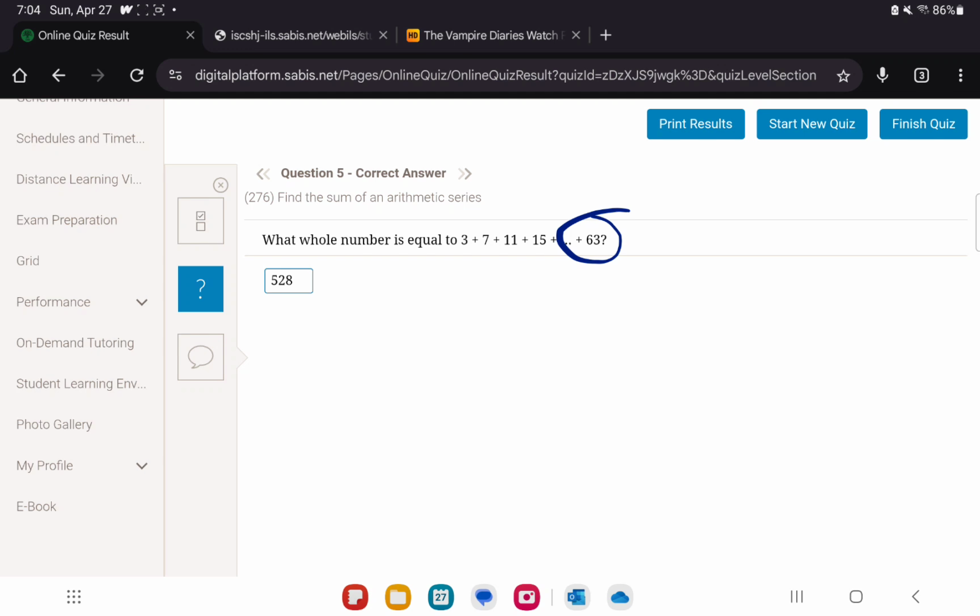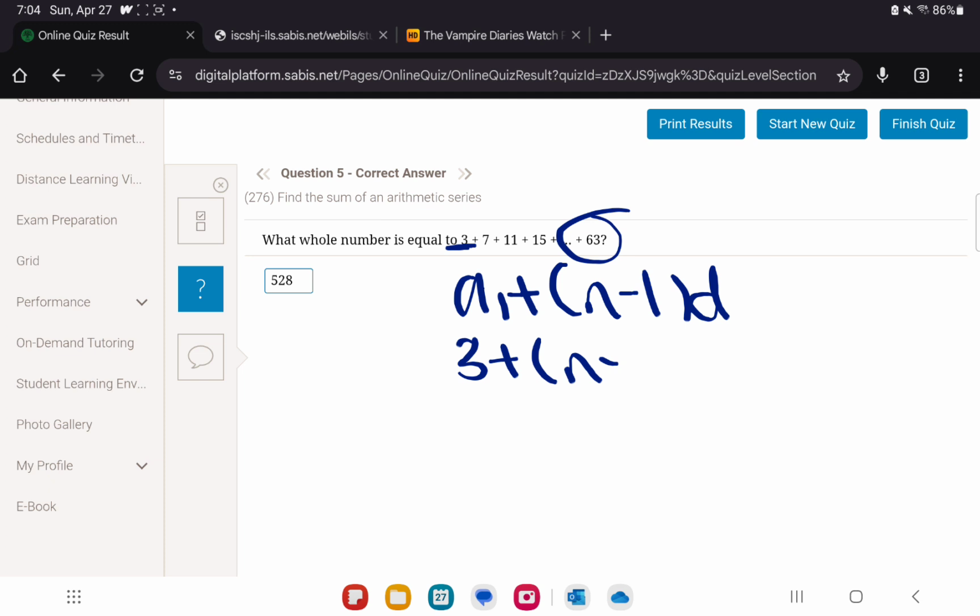So we use the arithmetic sequence one, a1 plus n minus 1 times d. We know that the first term is 3, so 3 plus n minus 1, because we don't know n. The common difference is 4, so it's 3. It's also equal to 63, so that helps us find n.